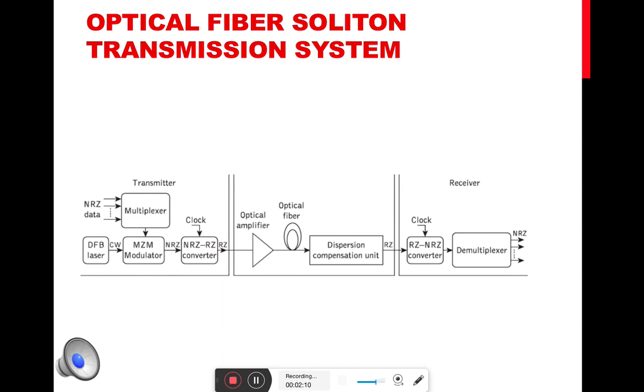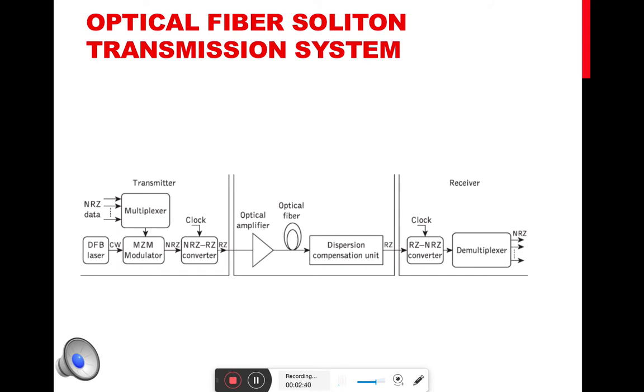The multiplexer passes the signal to a Mach-Zehnder interferometer modulator, which works on the principle of interference, and the carrier signal is given by the DFB laser. The modulated signal is then converted into return to zero format with the help of the clock signal, and this signal is then given to the channel.